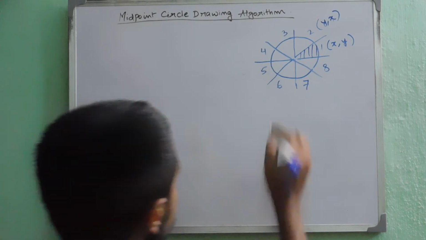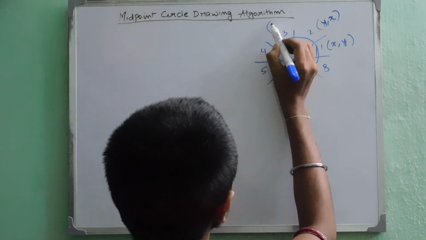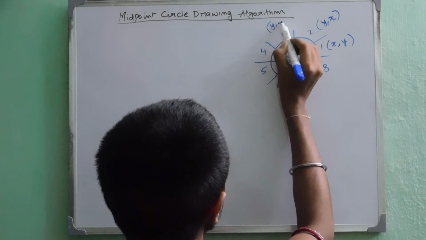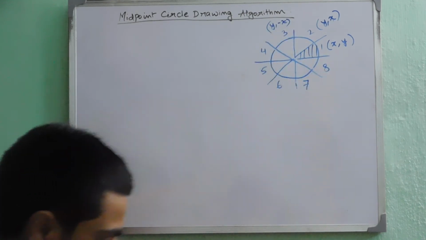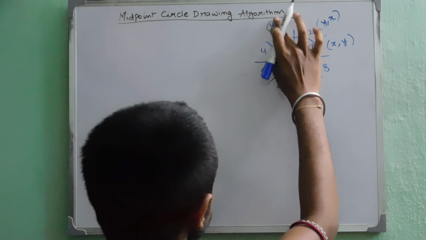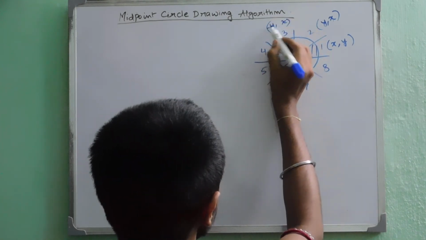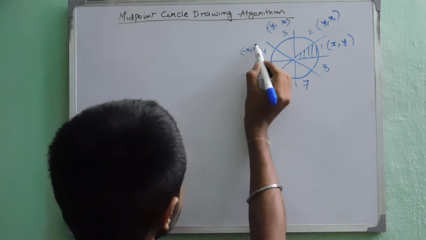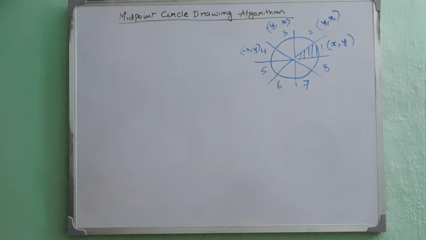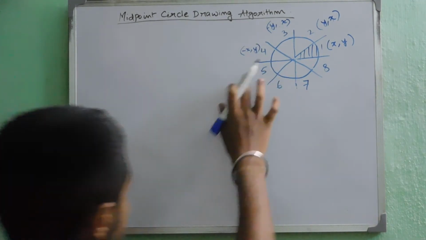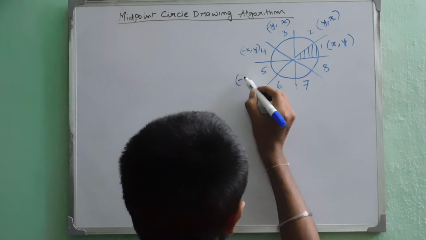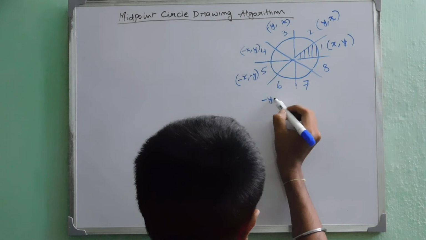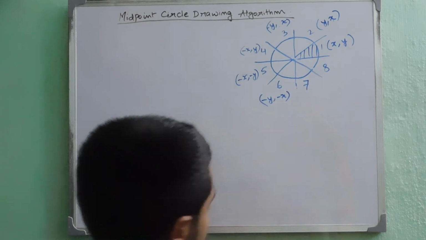Similarly, for the third octant, it will have points minus y comma x, and the fourth will become minus x comma y. For the fifth octant, it will be minus x comma minus y, and the sixth will be minus y comma minus x.